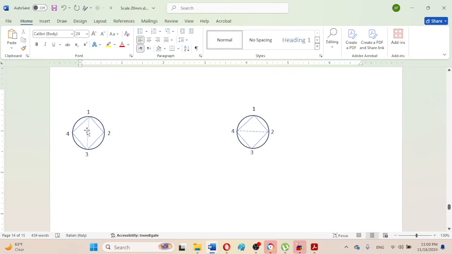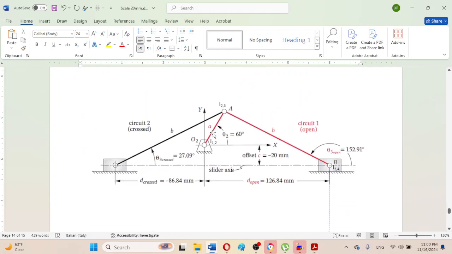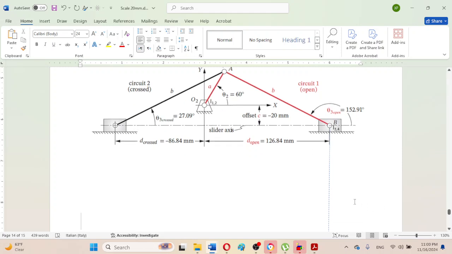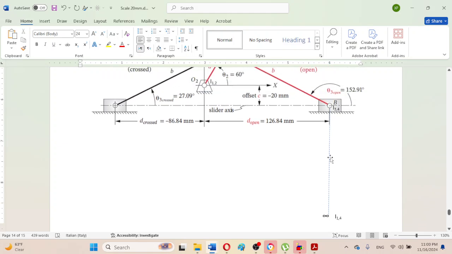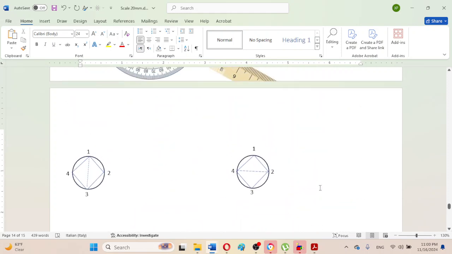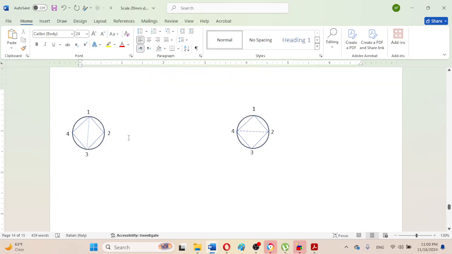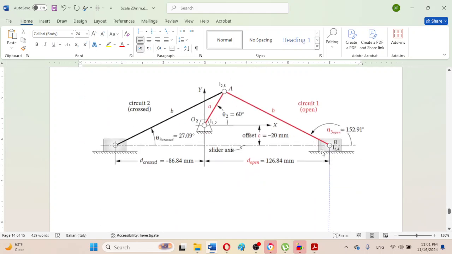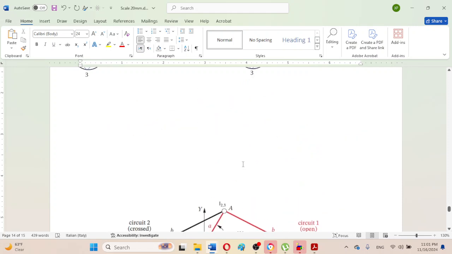As we can observe, link number 1 and 3 are not directly connected, because between them is link number 2, the crank, and link number 4, the slider.